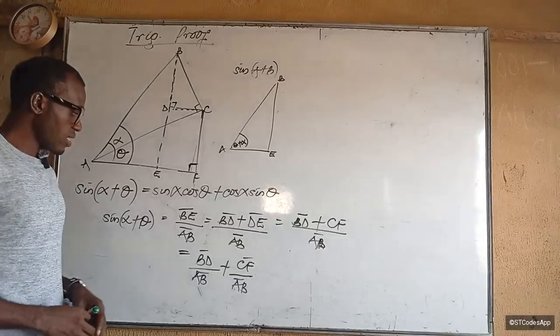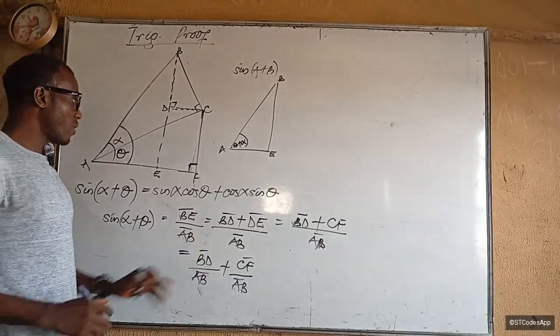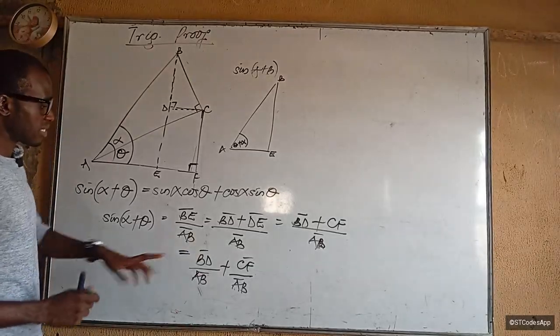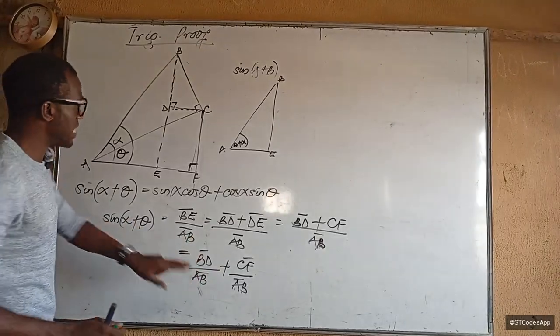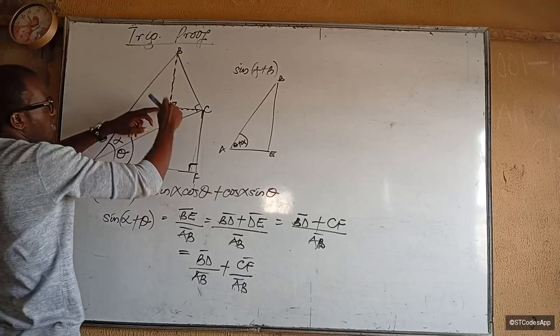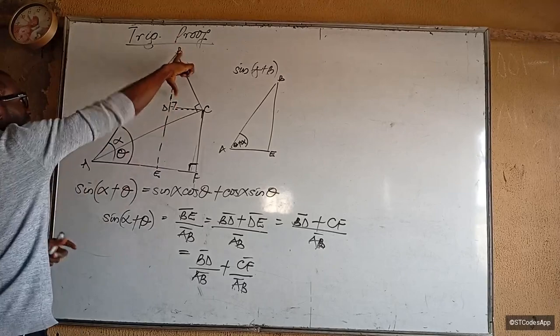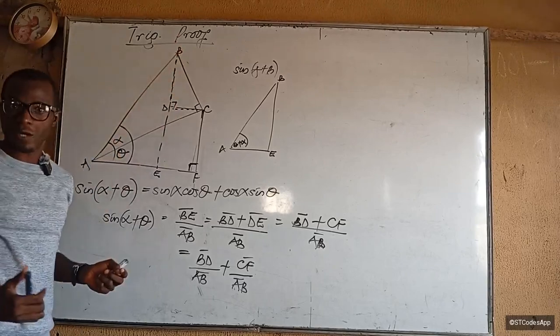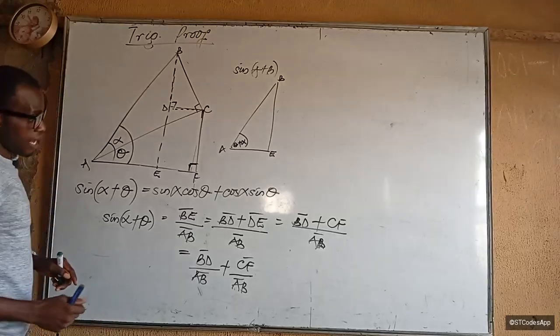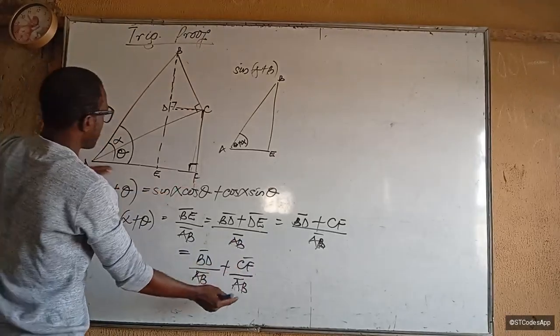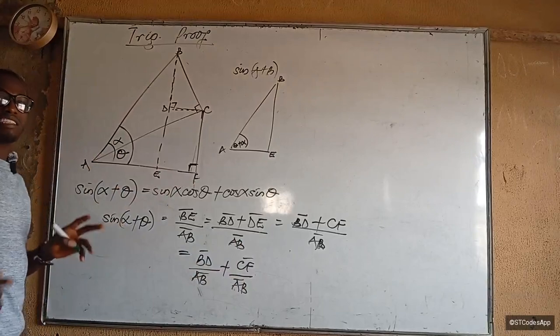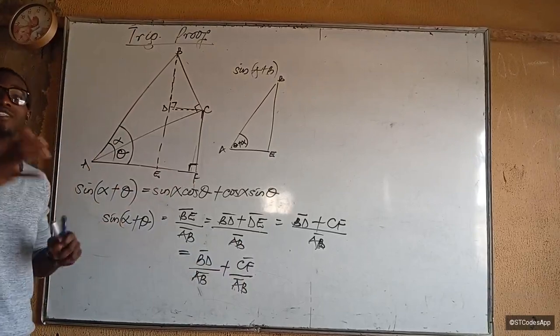Is that clear? Now, this done, let's identify the parts. BD over line AB, where is it? This is BD, and AB is here. Now notice that line BD and line AB are not in the same triangle, right? And CF and AB are not in the same triangle either. But there is a part that they have in common.